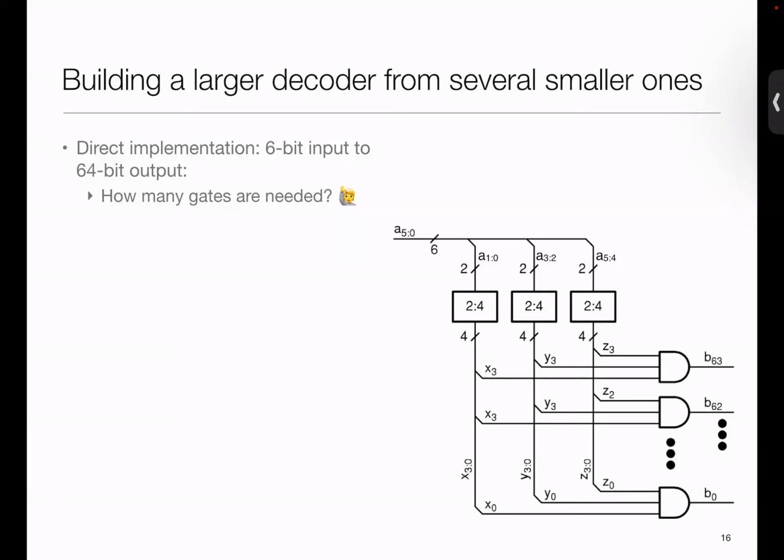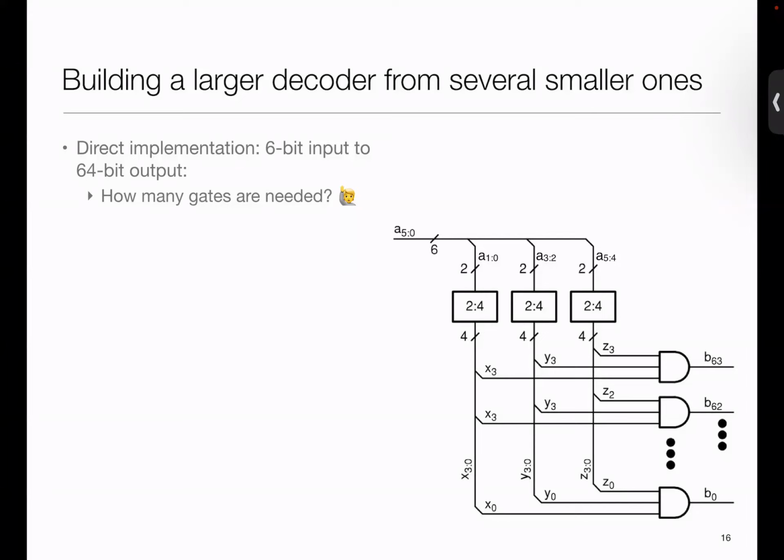In 2 to 4, we needed 2 NOT gates, and we needed 4 AND gates. For 6 to 64, how many gates are needed? Anyone? How would you implement directly, just using AND or NOT, a 6 to 64 decoder?